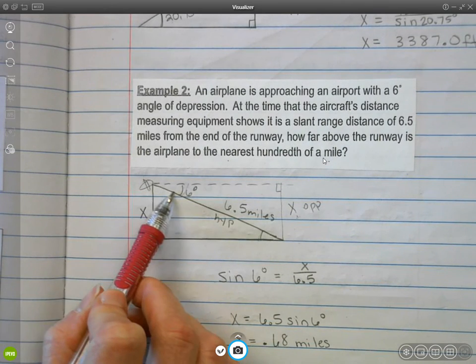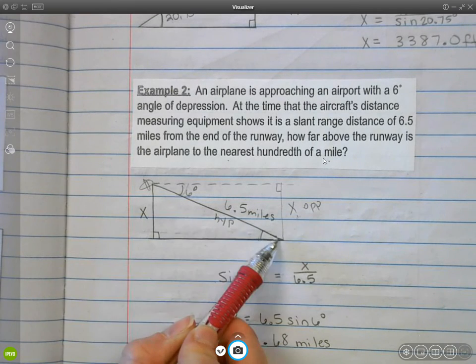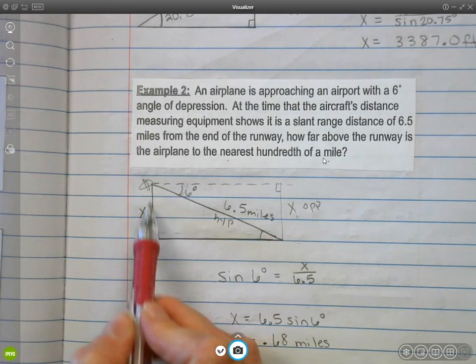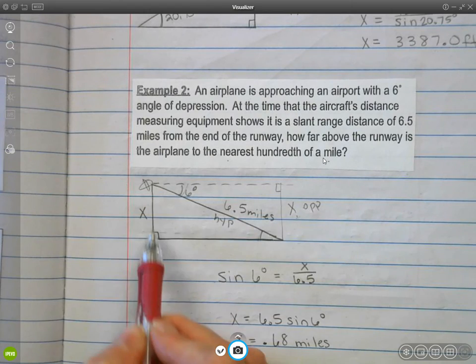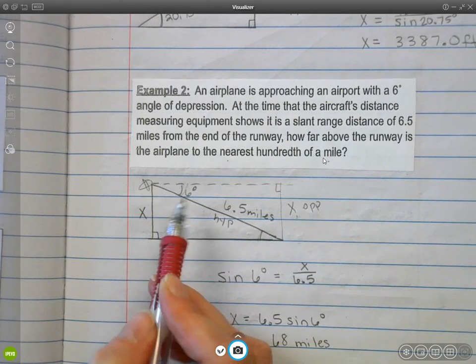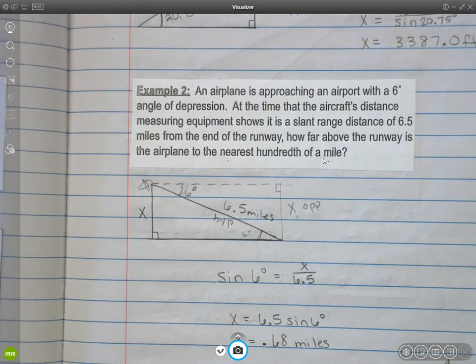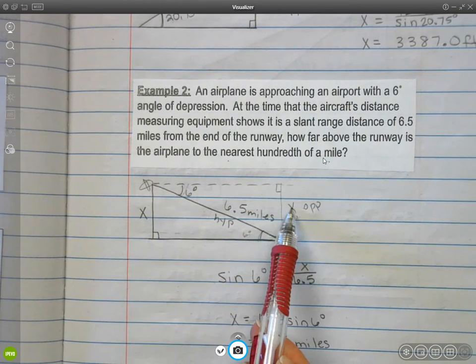It tells you the slant range distance, so how far does it really need to travel? But it's asking how high it is off of the ground. And again, the ground and a vertical distance are going to make a right angle. So if this is 6 degrees, this is 6 degrees. Or you can think of it, if I'm looking for this, it's the same as that.